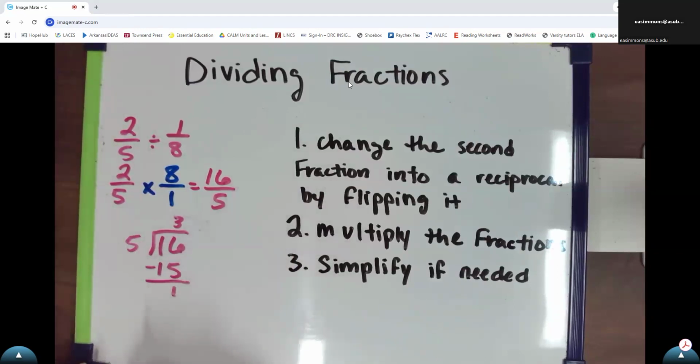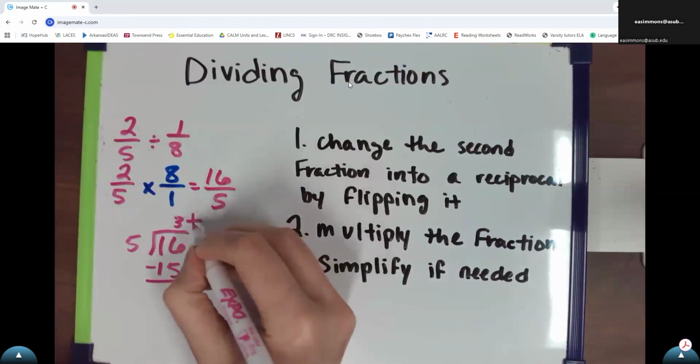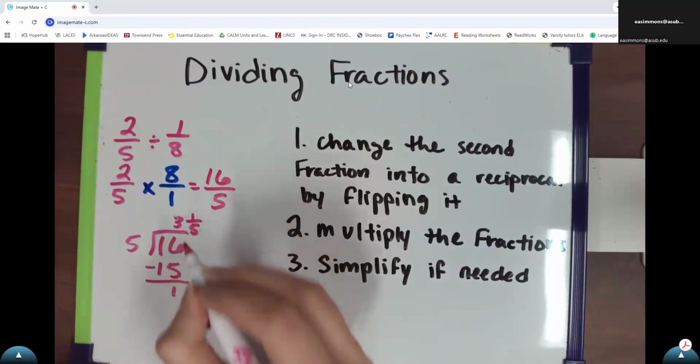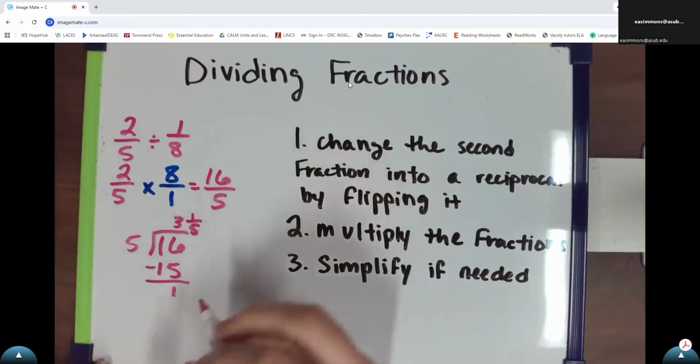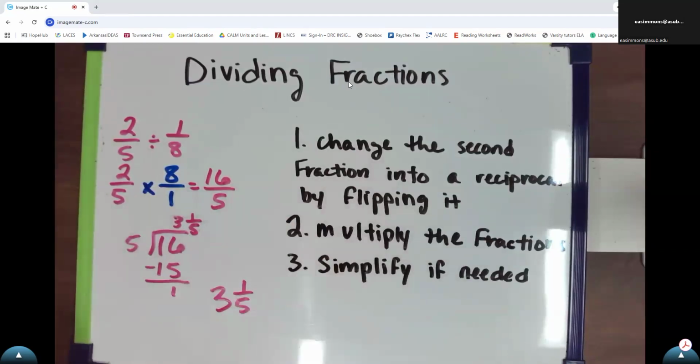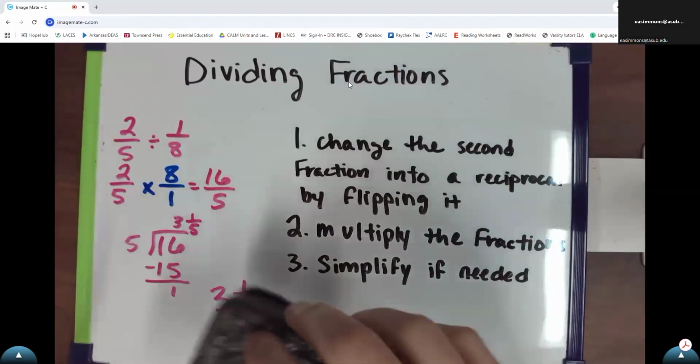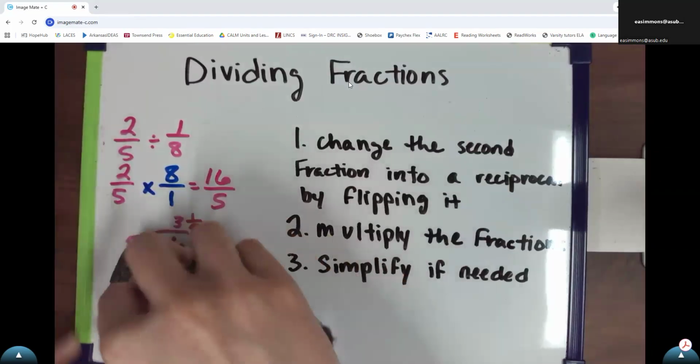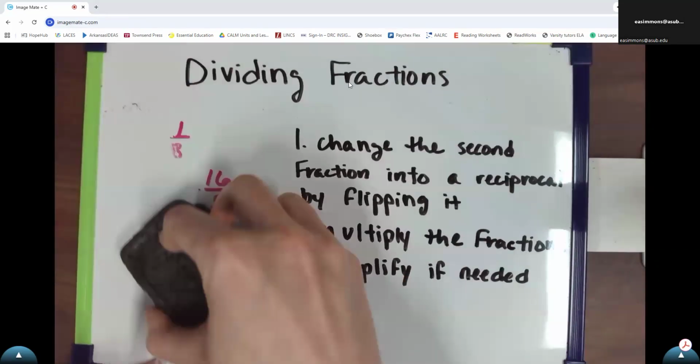We're left with 1, and that 1 will go over our denominator. So our answer here is 3 1/5. Hopefully dividing fractions doesn't seem too bad because it's just multiplying with an extra step.